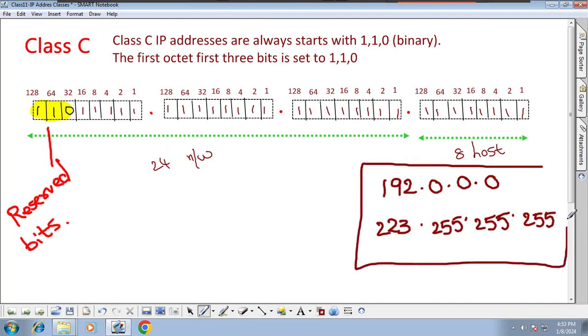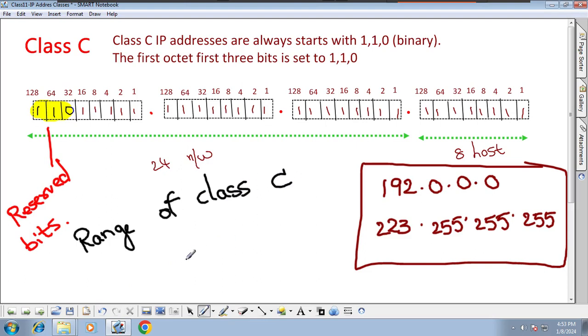So this is the class C range, the range of class C networks.